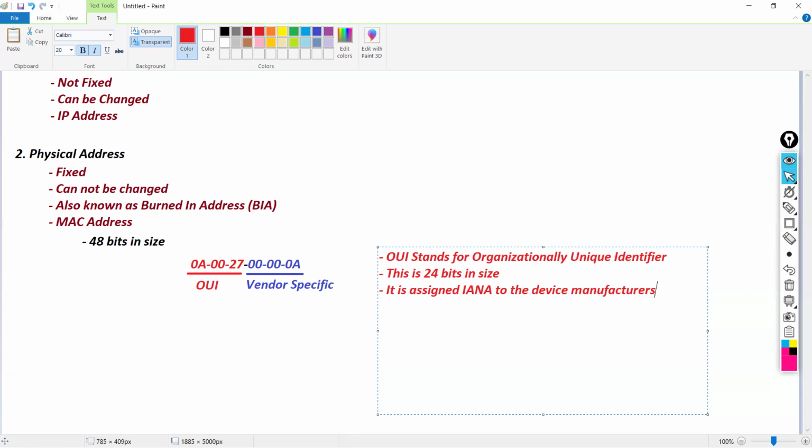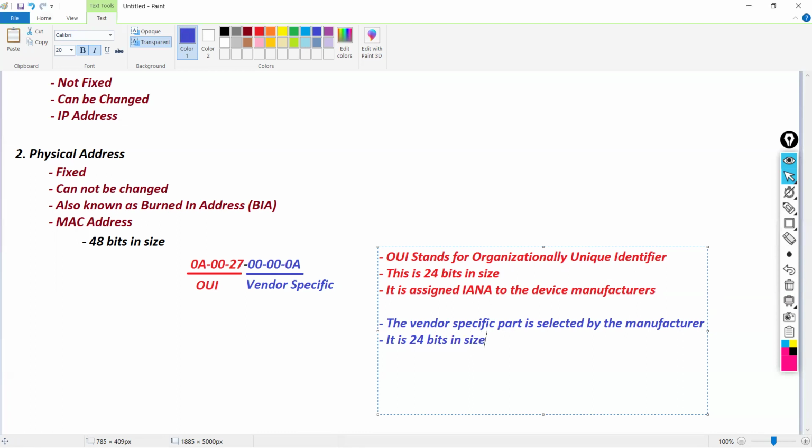Now, what about the vendor specific part? The vendor specific part is selected by the manufacturer. It is also 24 bits in size.